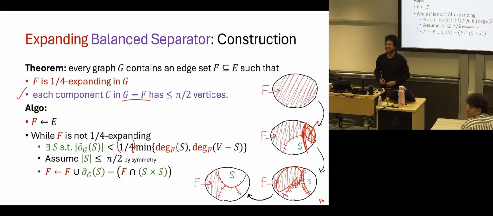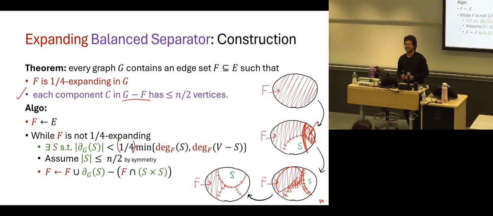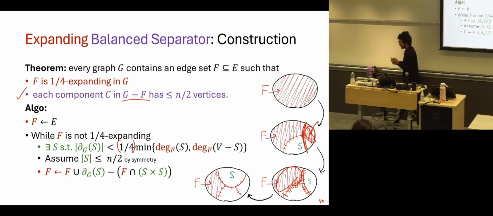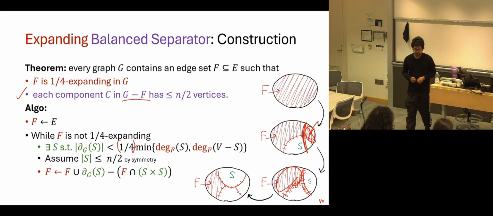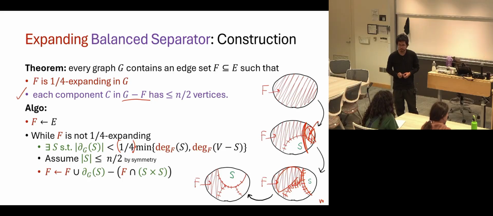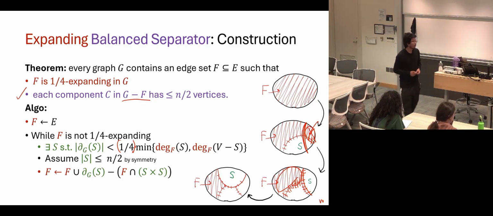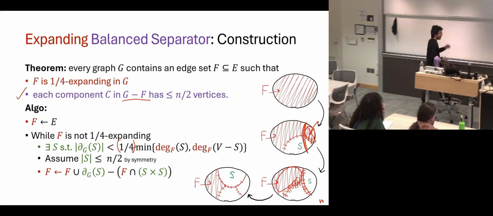If it is 1/4 expanding, you won't be able to find a sparse cut anymore. So you won't be able to keep cutting it up, right? There won't exist a cut to do anything. In every loop, we find the sparse cut, right? Once F hits that 1/4 expanding, there is no more sparse cut. So we can't cut it up anymore. Well, I guess we can adjust the threshold.